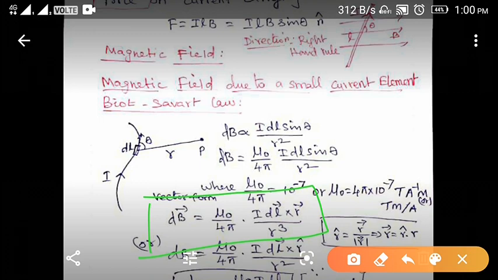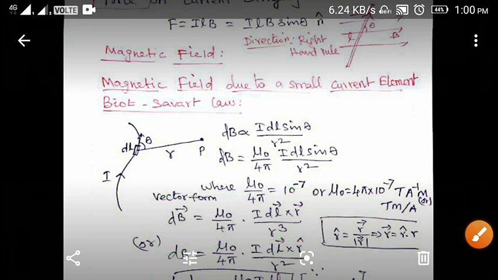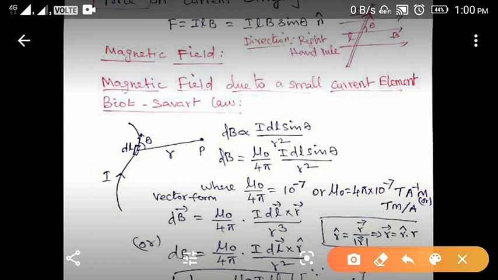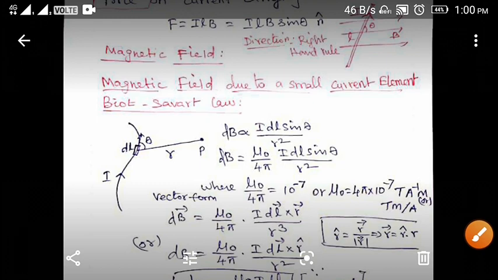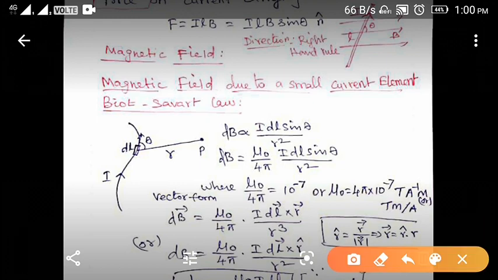Otherwise, we can write simply mu naught by 4 pi, I dl cross r cap by r squared, where the unit vector has value 1. So this is the magnetic field due to a small current element.